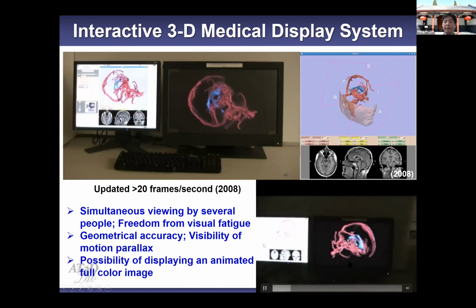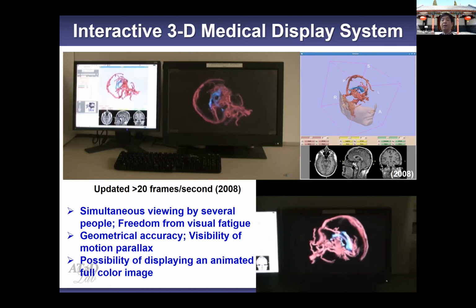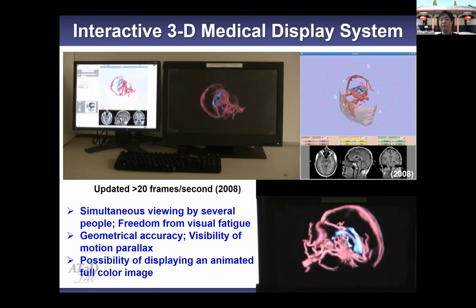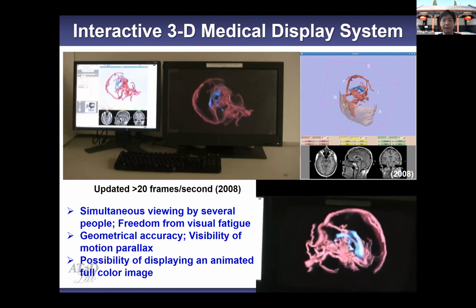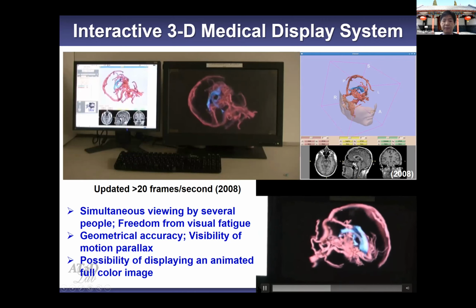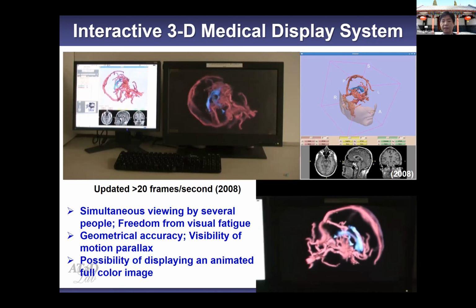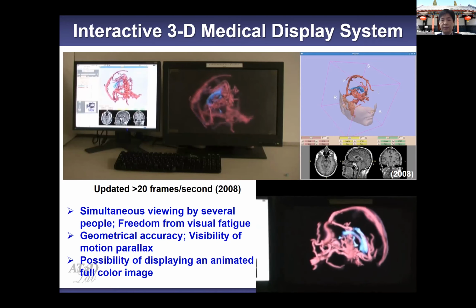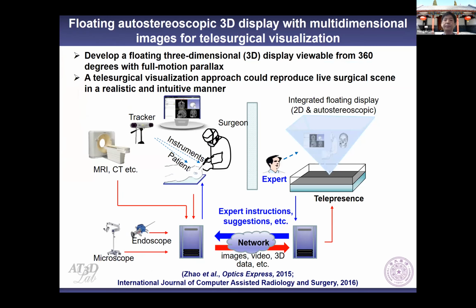The image can be captured within the moving field, with the eyes moving from left to right, to get the whole information of the 3D object, just like a real object. The image can be viewed by several people and is free from visual fatigue, so it is a very good condition for use in medicine.